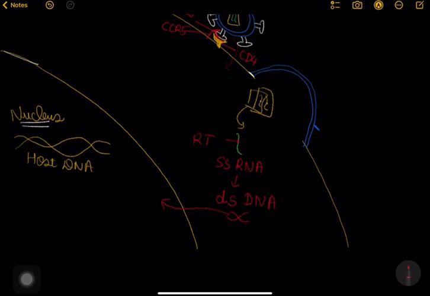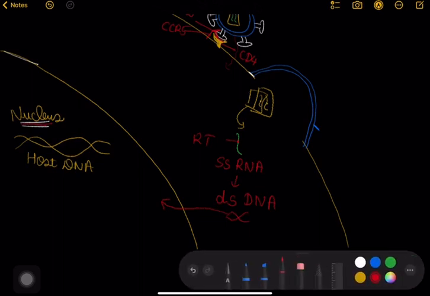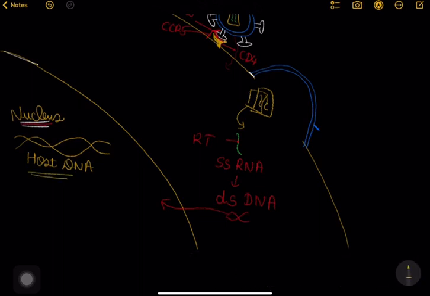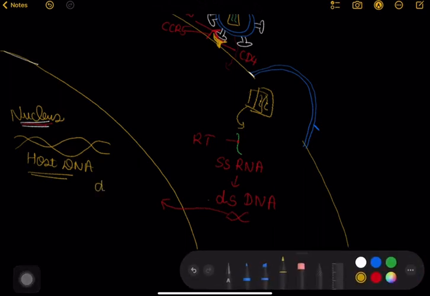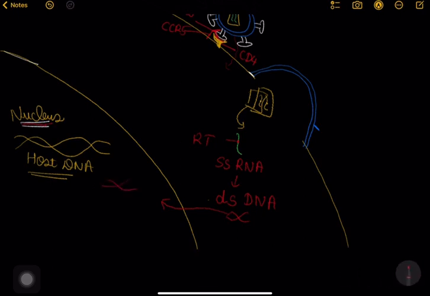Right? Now we know that inside the nucleus already host DNA is present. Right? But what is the main task here? The virus needs to enter inside the host DNA. Right? So this is here, virus double-stranded DNA, right?